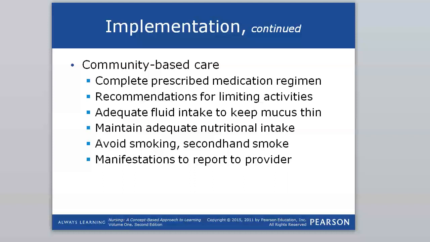If they've been smoking, they should not smoke, and should be away from secondhand smoke as well. Teach them about the signs of a recurring infection, and to report those findings to their physician as soon as possible.